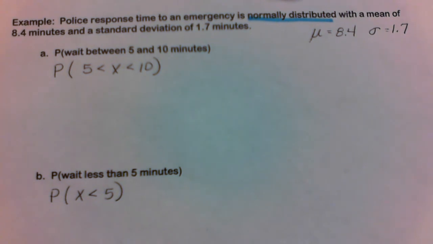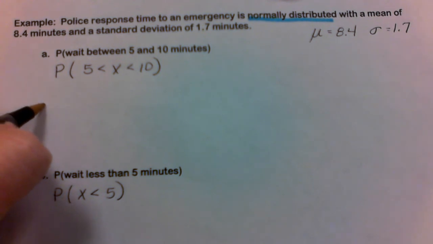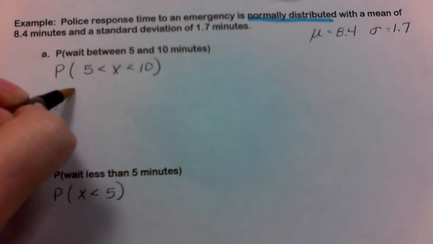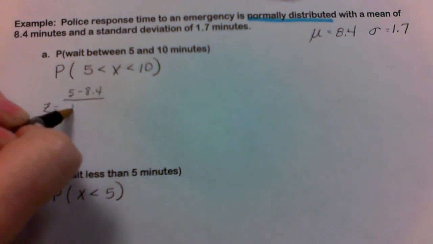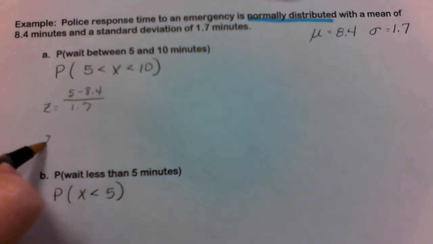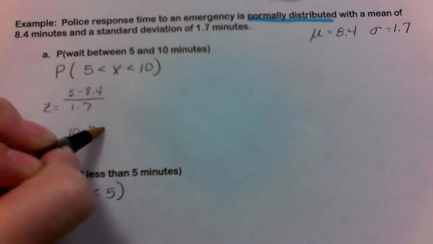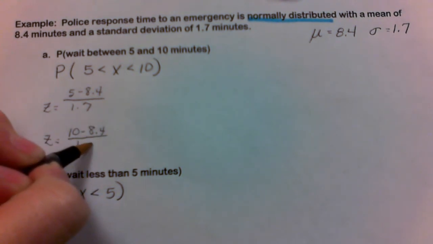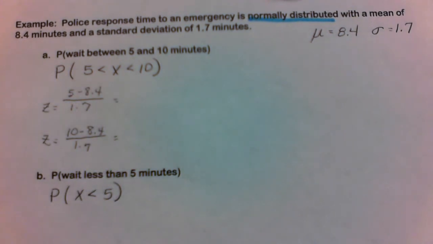So the first thing that we're going to do is convert both of those to their equivalent z values. So 5 minus 8.4 divided by 1.7, and also 10 minus 8.4 divided by 1.7. So I'm going to go to my calculator and calculate those.